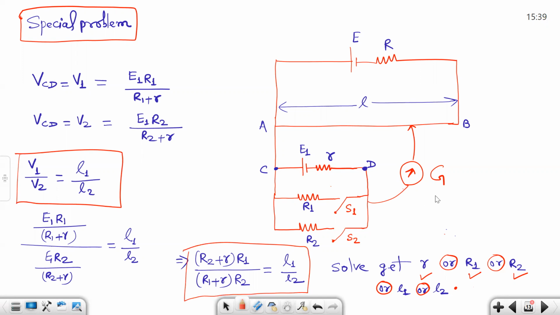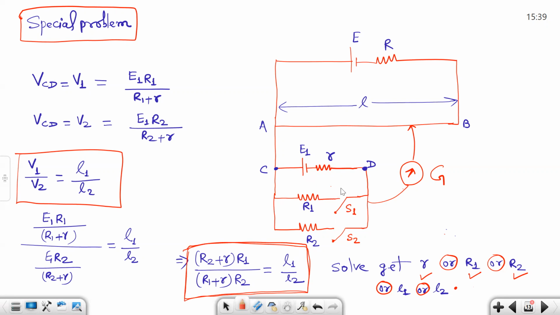So it is a very important concept when two resistances are connected in parallel with a cell whose internal resistance is r and EMF is E1. So it is better if you remember this result, and how this result comes by using Kirchhoff's voltage law one by one.